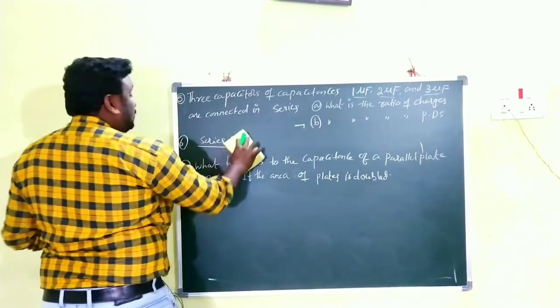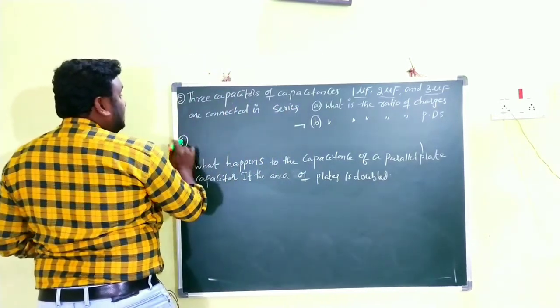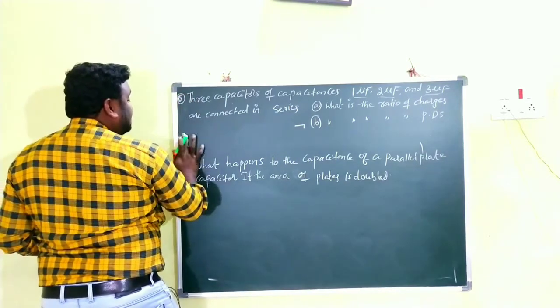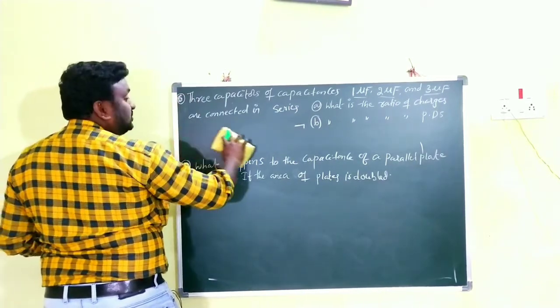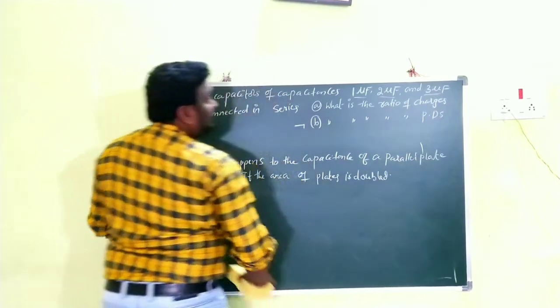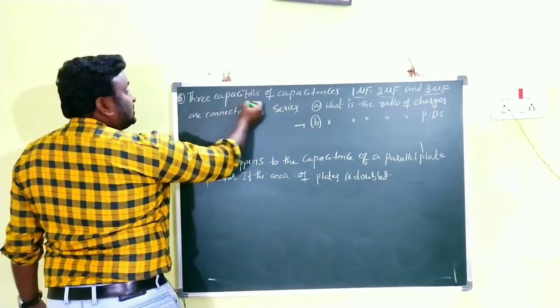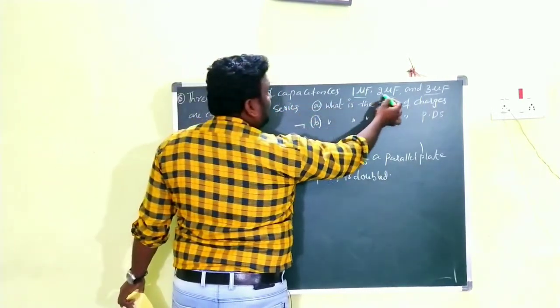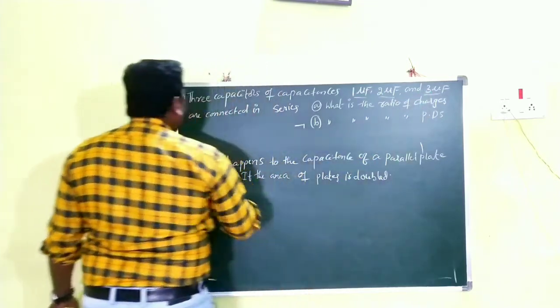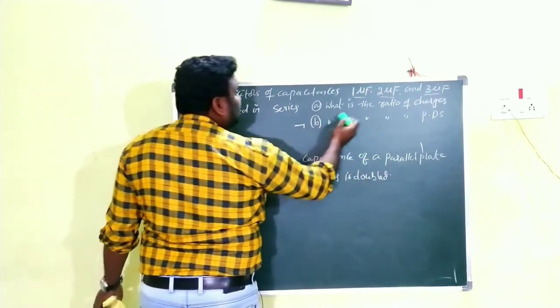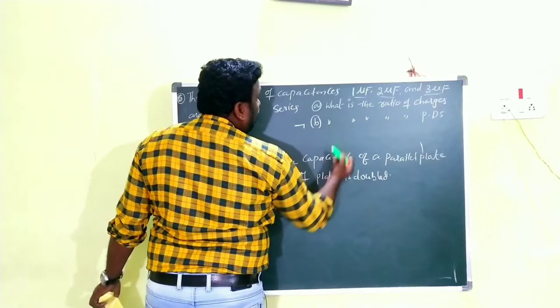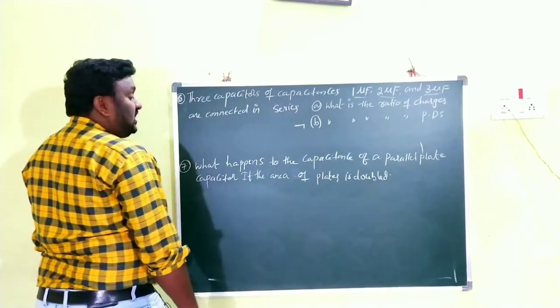Clear? That should be the 6th very short answer question in your textbook. 3 capacitors of capacitances 1 microfarad, 2 microfarad and 3 microfarad are connected in series. What is the ratio of charges and what is the ratio of potential differences?